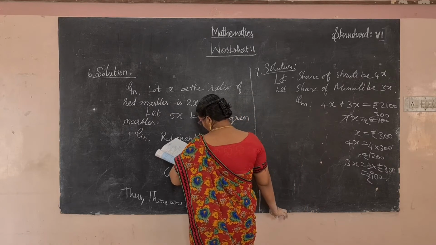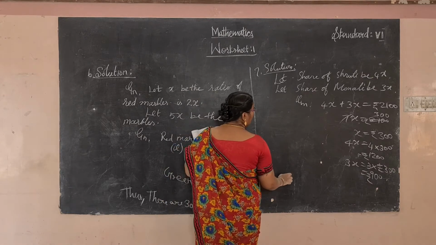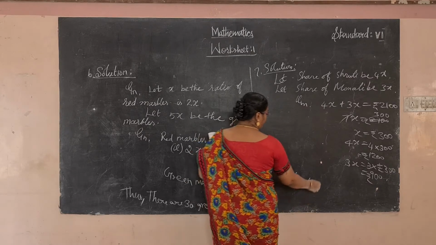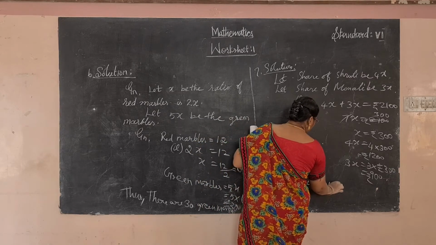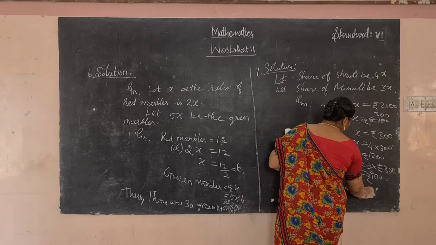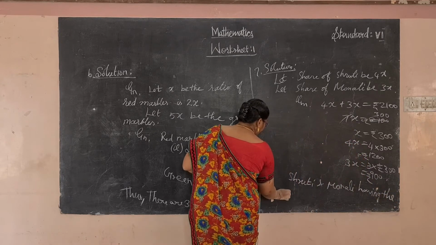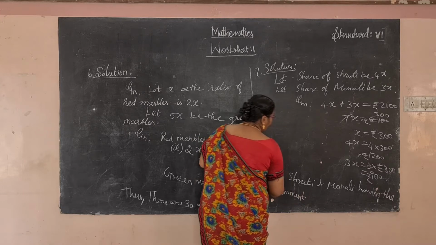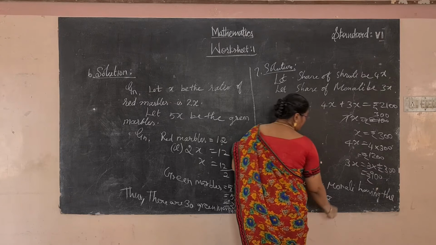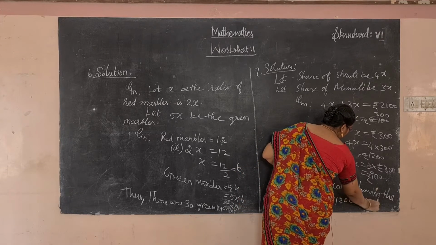So Shruti and Monali have rupees 1200 and 900 respectively.